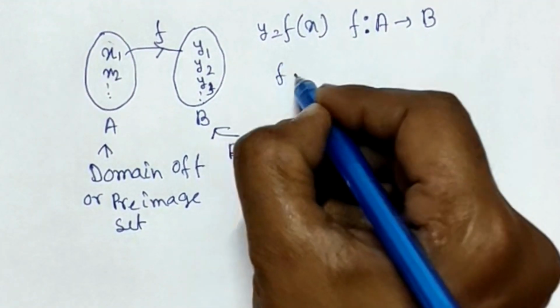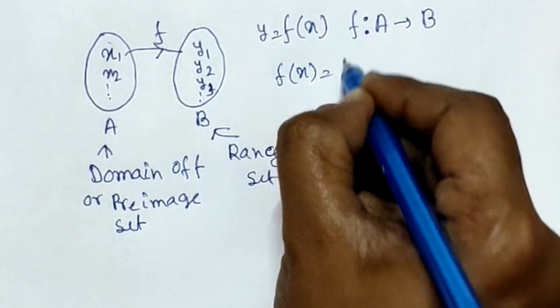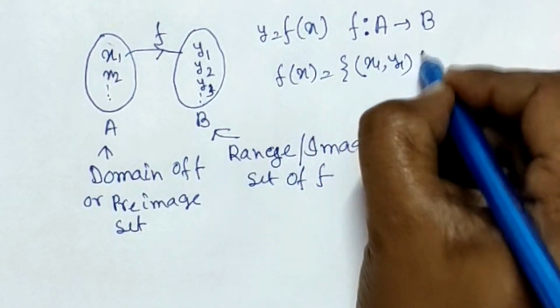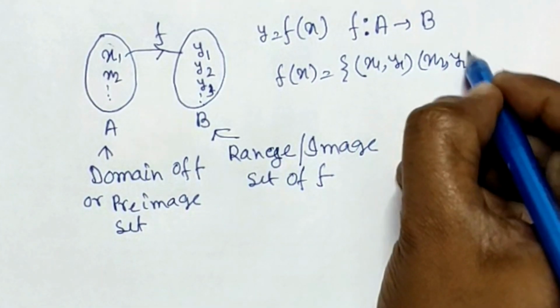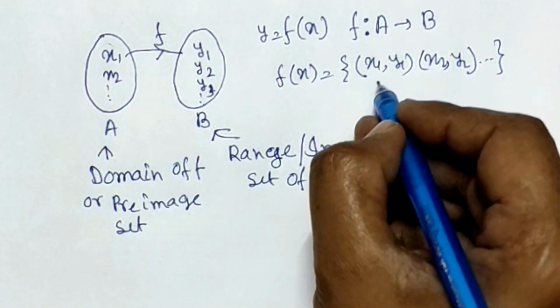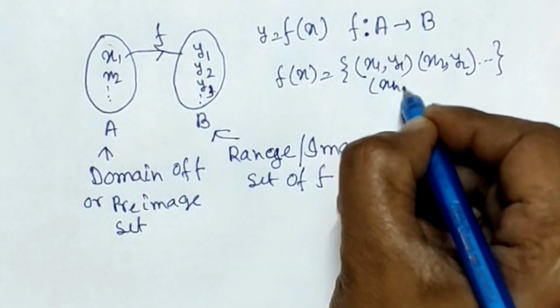Suppose you have a function f(x) in ordered pair form, say (x1, y1), (x2, y2), etc., a finite number of elements up to (xn, yn).